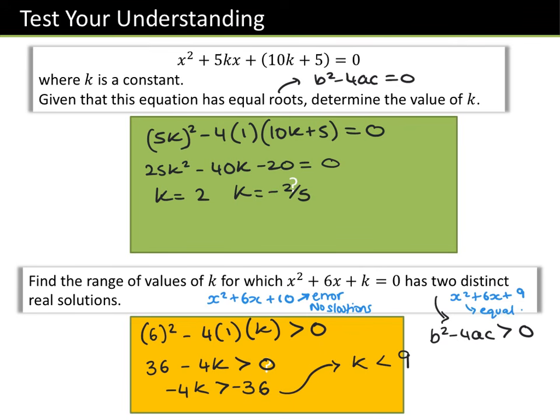And then if we try 8, plus 8, we're going to get 2 roots. Okay, so this tells us that k has to be less than 9 in this specific equation so that we have 2 real solutions, okay?